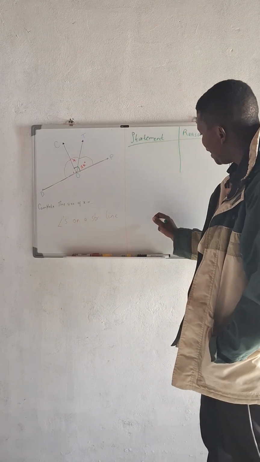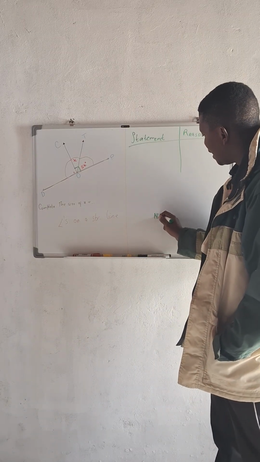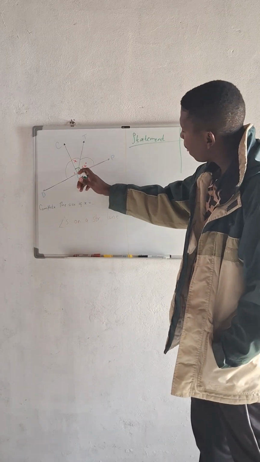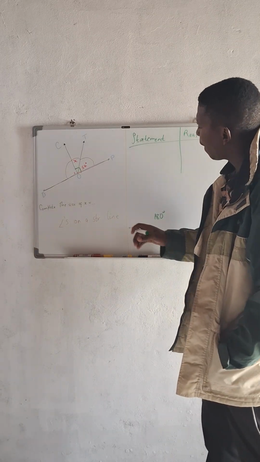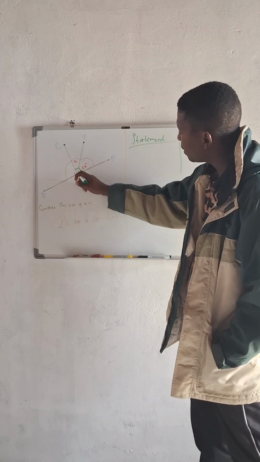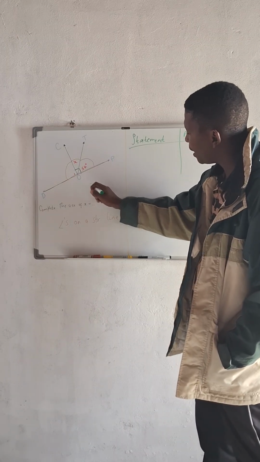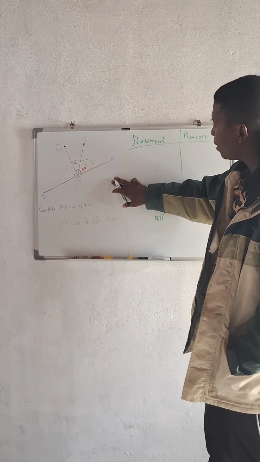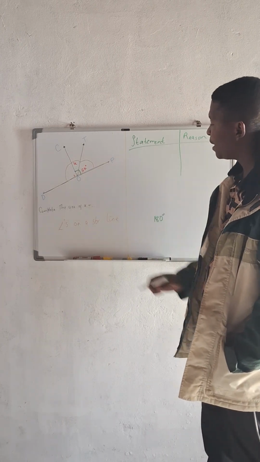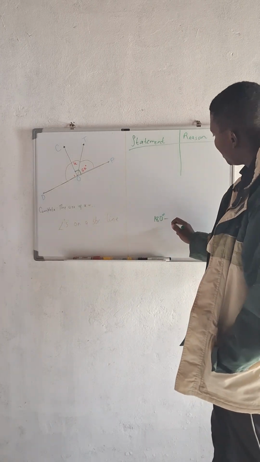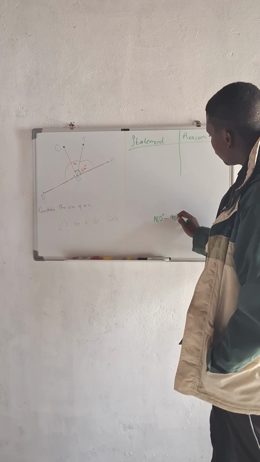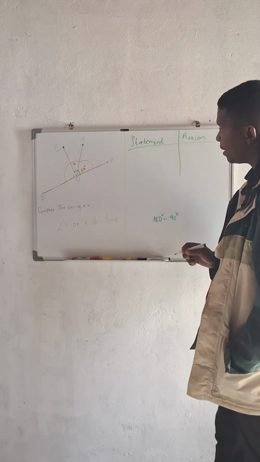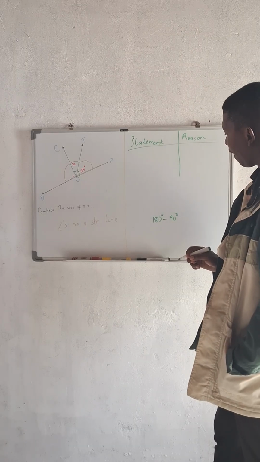Angles on a straight line are supplementary. What does that mean? They are equal to 180. And if we are given that these two angles, if you see this symbol here, the perpendicular symbol, it means that those two angles, X and 54, they are equal to 90 degrees, right?